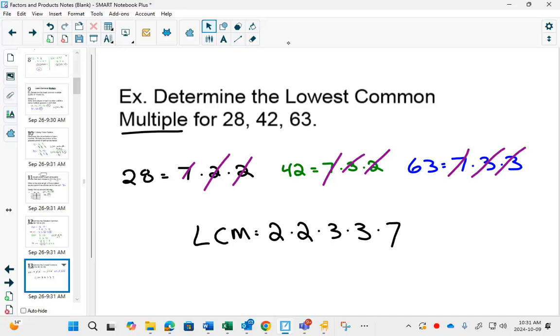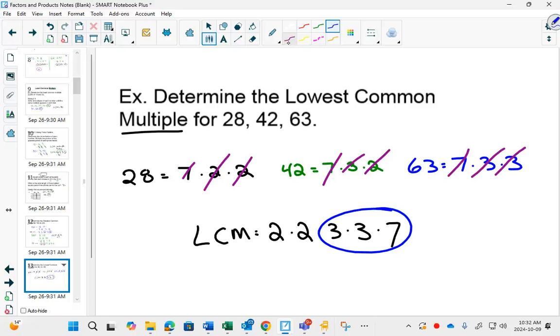I don't know if I can see any really easy mental math for this. I might do this first. If I was doing mental math, that's 63. Double that is 126.